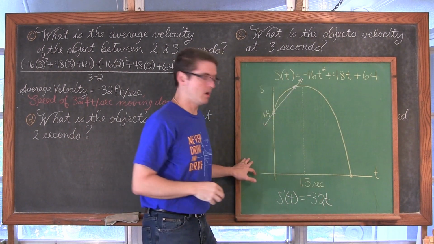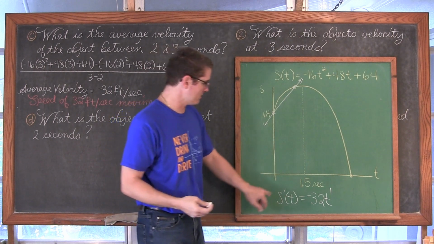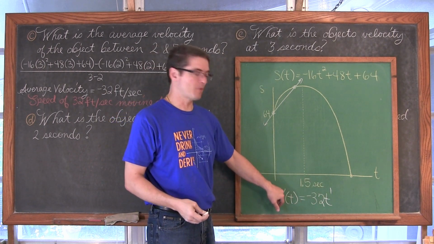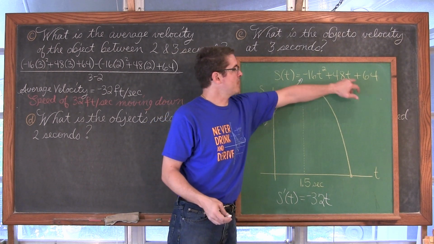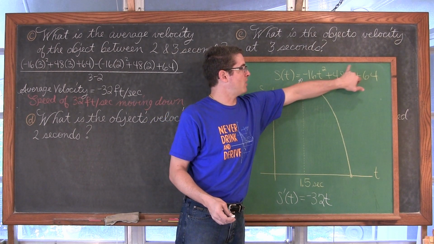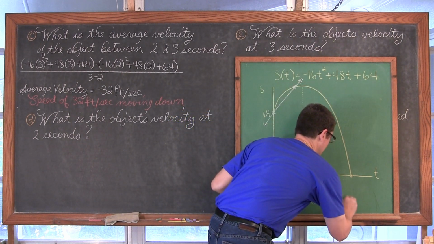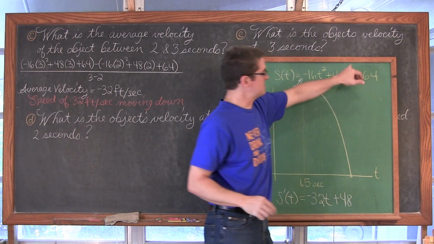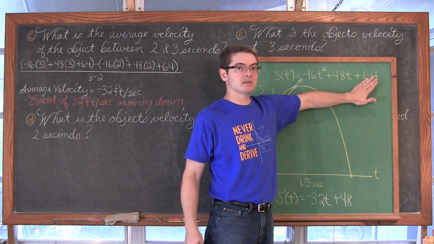Reduce that power by 1, which is negative 32t to the first power, and actually I don't need to write that. Plus 48t, bringing that power of 1 down, 1 times 48 is 48. And then, of course, the t has a power of 0, so it's just going to be plus 48. And the derivative of a constant is equal to 0.